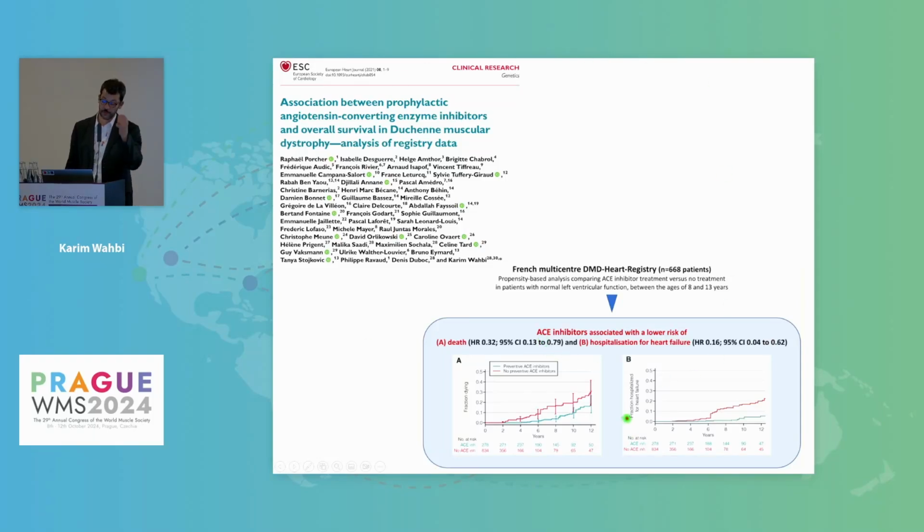More recently, based on the analysis of our French registry, we showed in a real-life setting, in hundreds of patients treated, really the same amount of benefit on overall survival with ACE inhibitors.